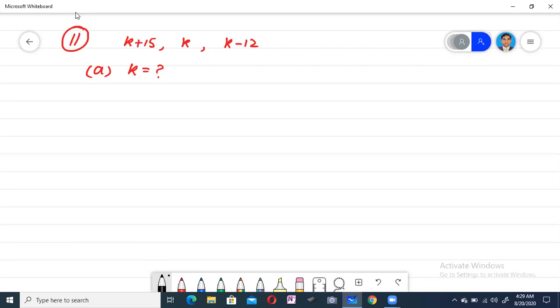As these three terms are consecutive terms of the geometric progression, the common ratio, second term divided by first term, k divided by k plus 15, will be equal to the ratio between the third and second term, k minus 12 divided by k.